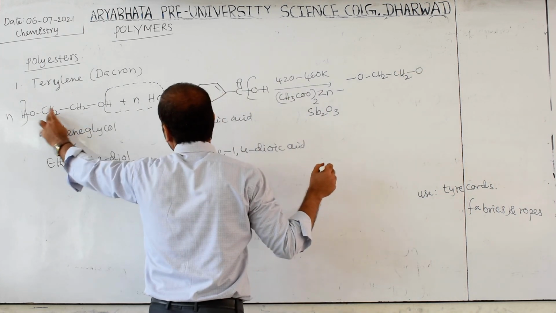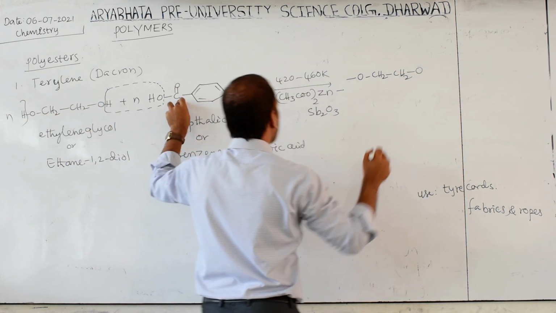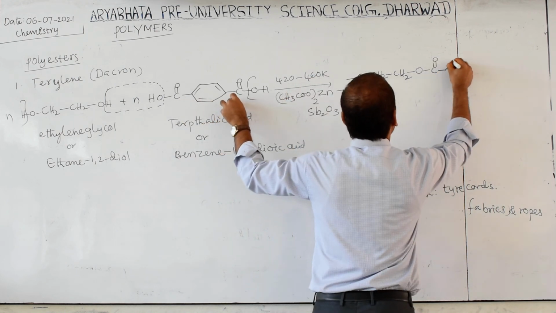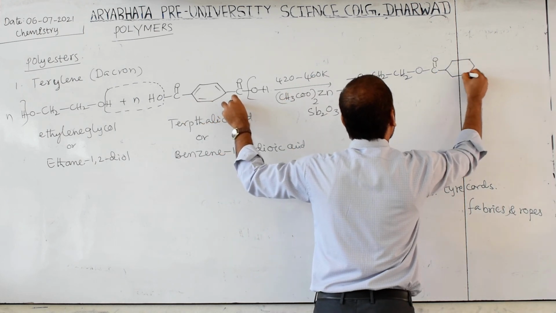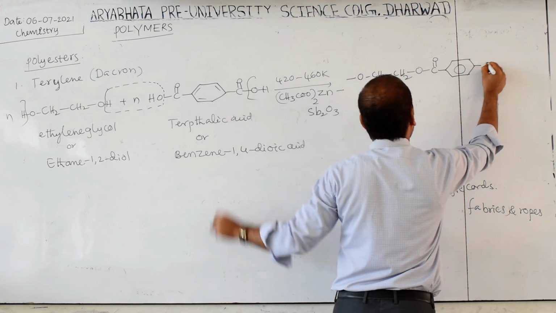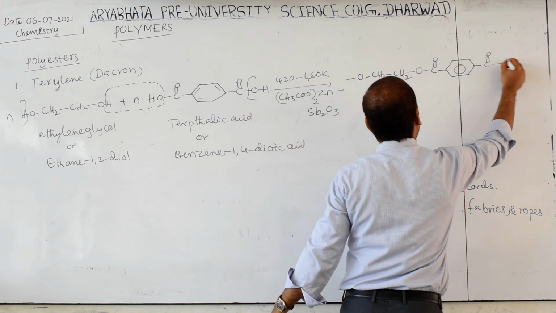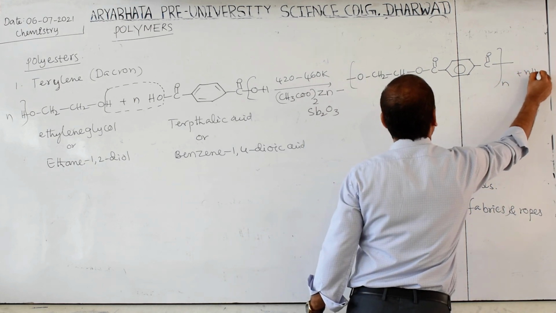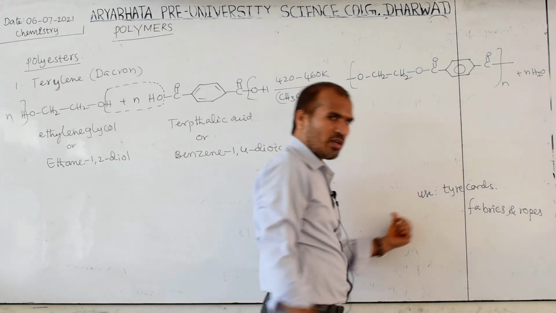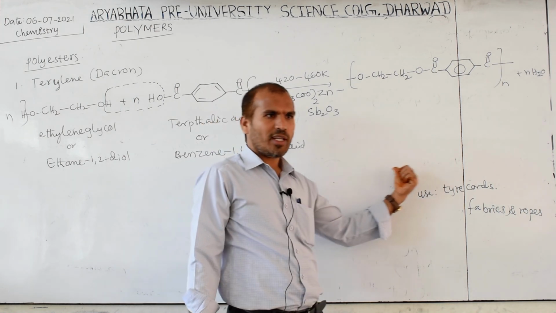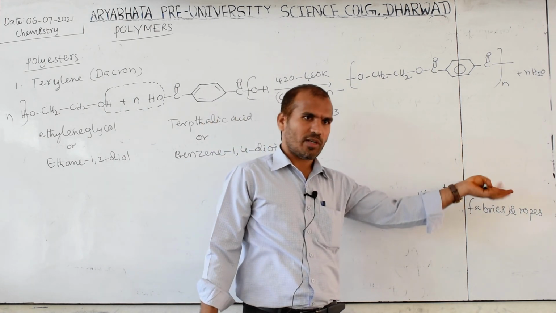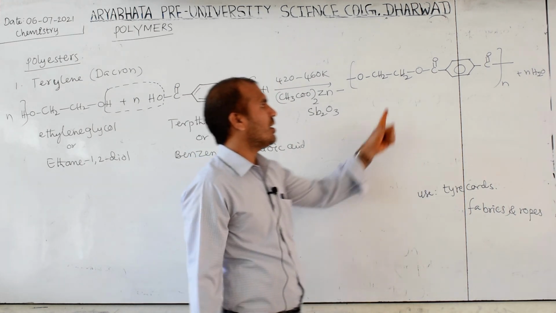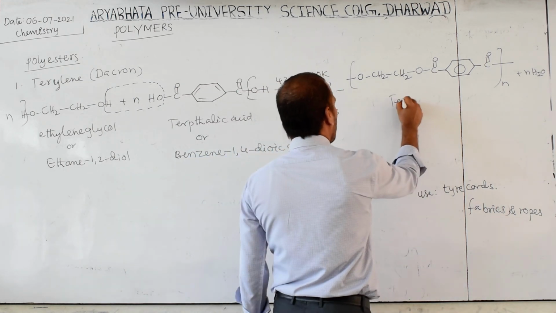Then C double bond O, benzene, and next C double bond O, bond, n. Along with this, NH2 you can also write. In the previous one I forgot to write the loss of NH2 in nylon 6,6. What is the name of this one?